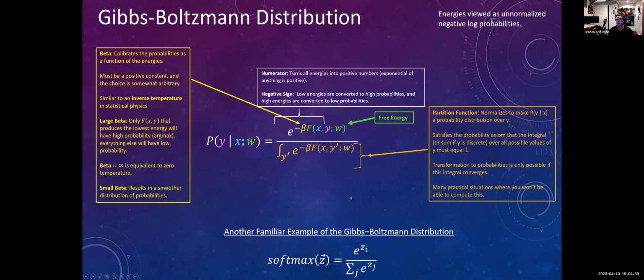why Yann LeCun says probabilistic modeling comes with high costs. Looking at this closer, we see this is an integral over y prime, so it's an integral over the set of all possible outputs. In many interesting and useful cases, you won't be able to compute this integral directly. If y is something high dimensional and continuous, like an image, you can't integrate over the set of all possible images.